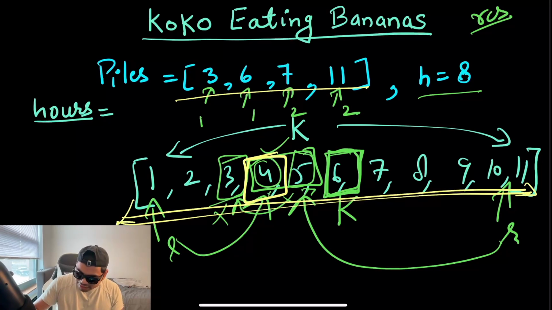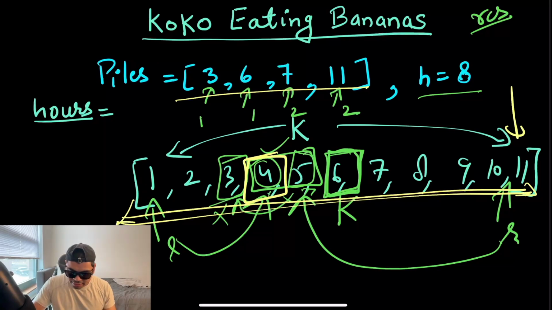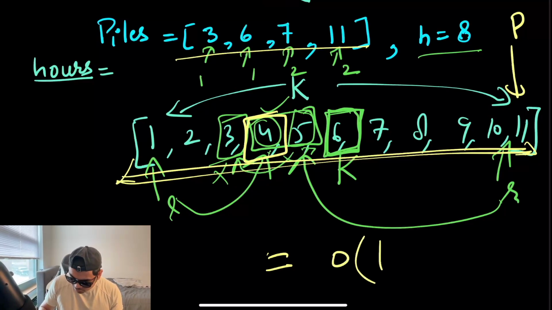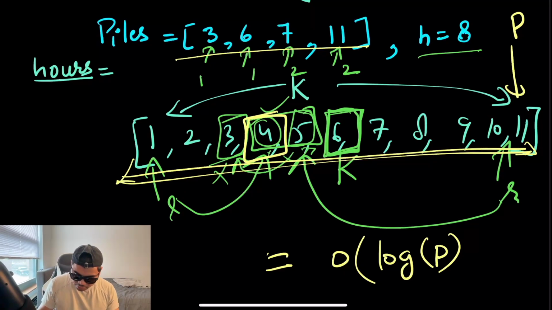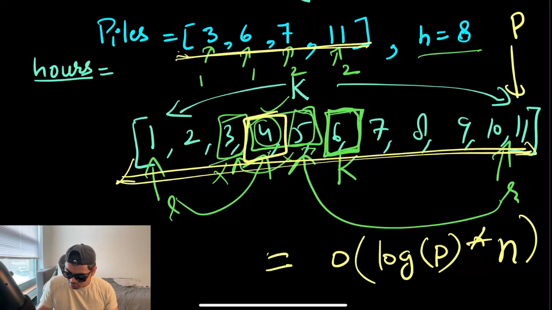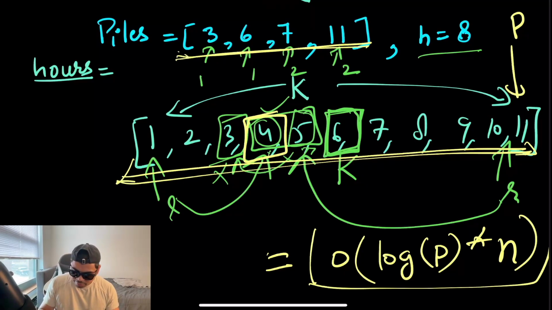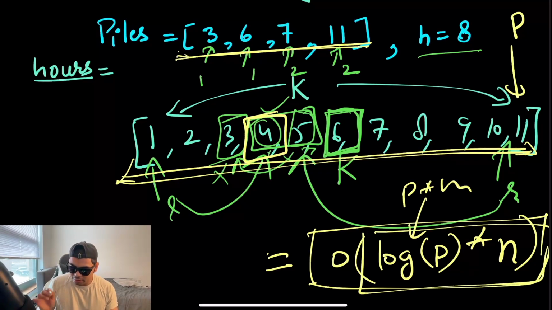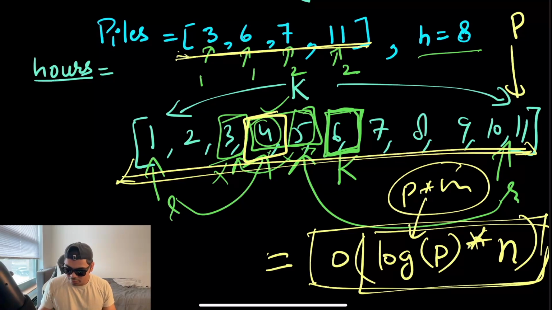So max k, if I say max from pile is p, then our time complexity would be big O of log p, and for each of them we are calculating the number of hours from our pile. So that's going to take, let's say n, so this will be our time complexity. But it is better than if we are going to do this in a linear fashion. So p into n is definitely better than p into m. So log p into n.